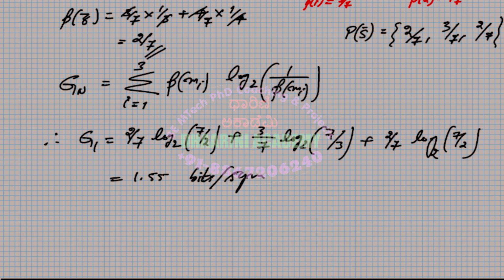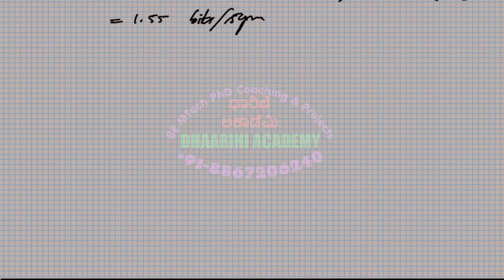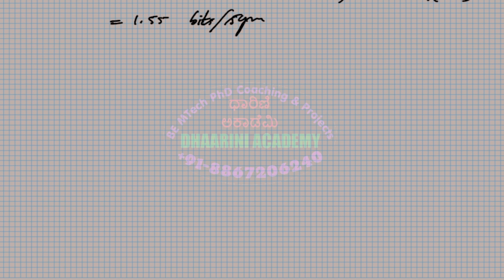For the second order, for the second set of symbols, we have to calculate in the following fashion. First, we'll try to write a tree diagram. This is how it works. In order to calculate G2, let me write an equation.